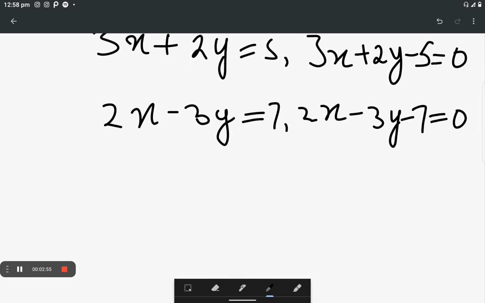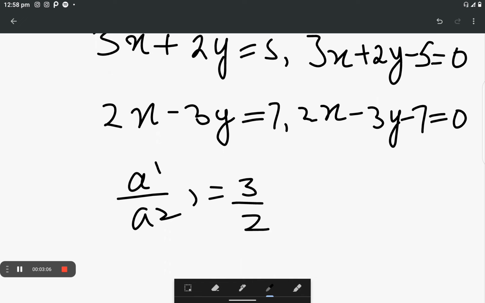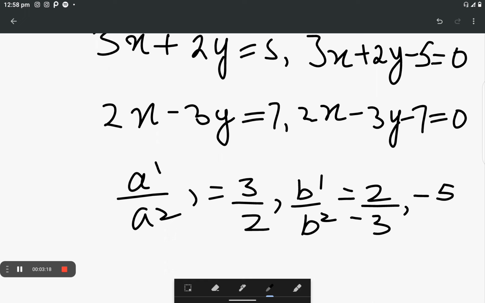Here A1 upon A2 is 3 upon 2, B1 upon B2 is 2 upon minus 3, C1 upon C2 is minus 5 upon minus 7.